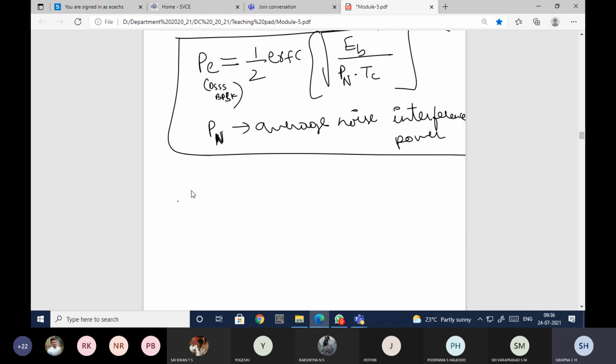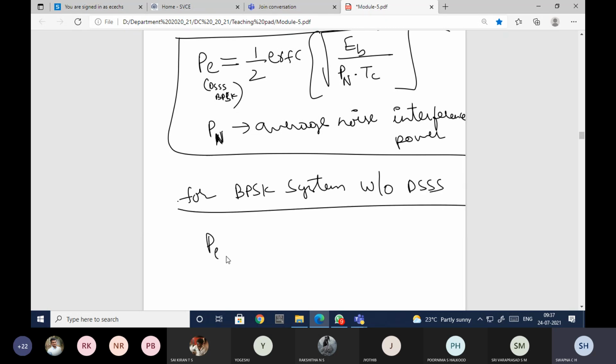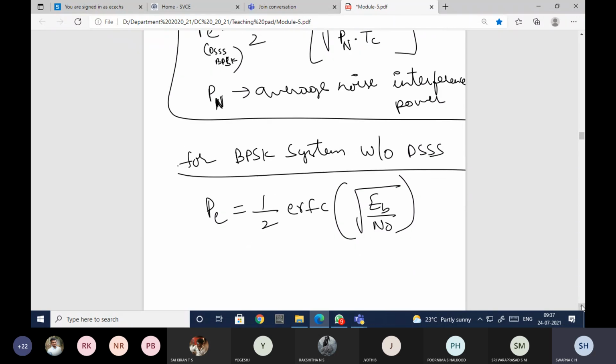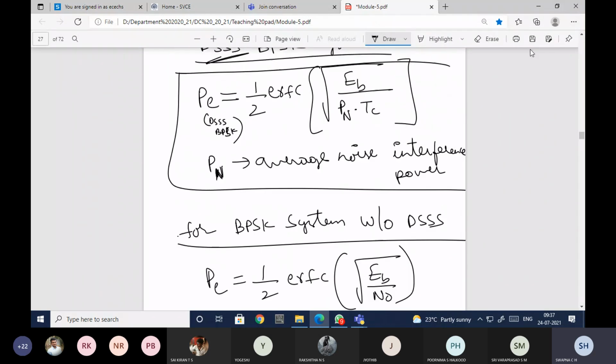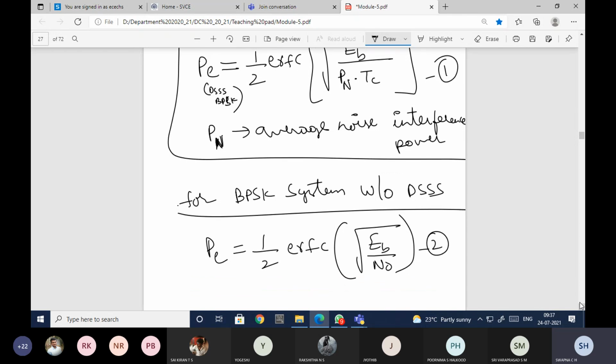So for the BPSK system without DSSS, we know that the probability of error is given by 1/2 erfc of root EB by N naught. So this I'll consider as equation 1 and this I'll consider as equation 2.